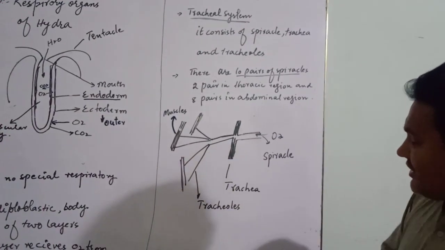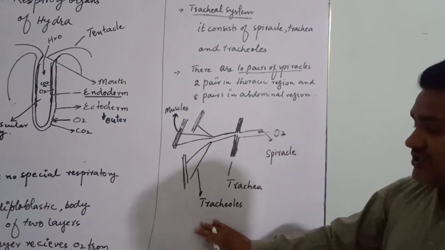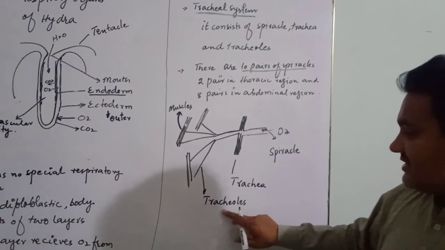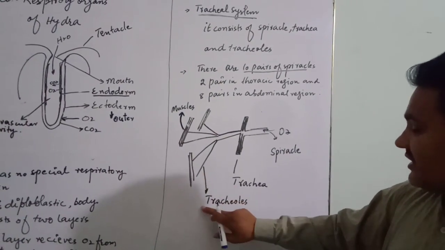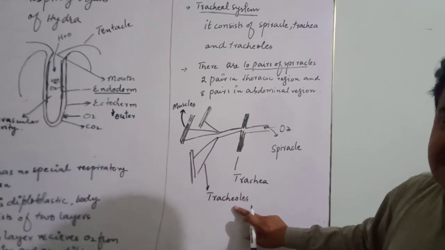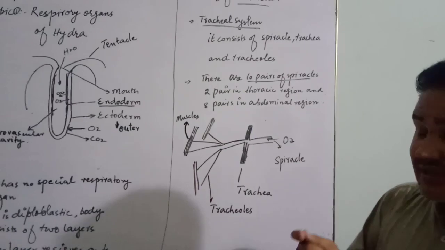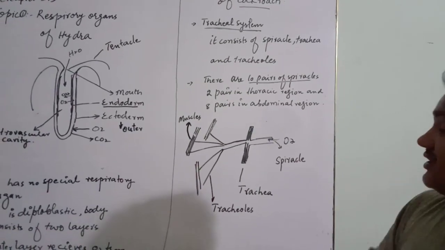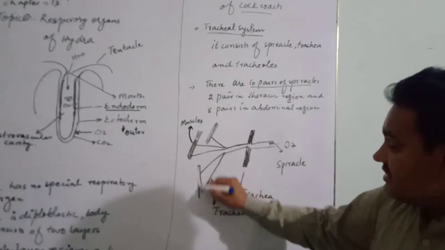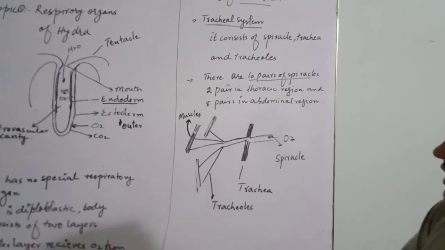So we can define tracheoles. Tracheoles are the sites where exchange of gases takes place. Means tracheoles provide oxygen to the tissues, to the cells. These are the muscles of the cockroach.